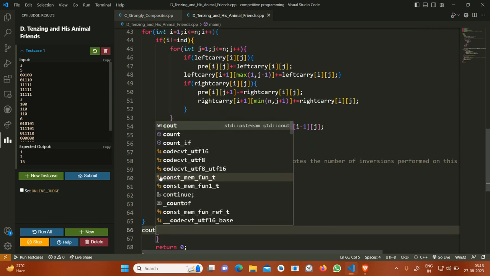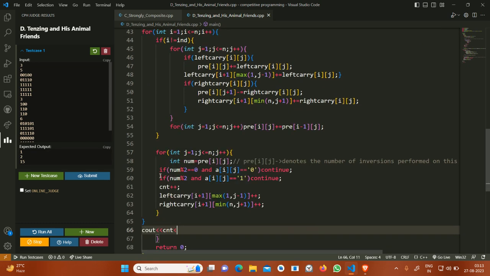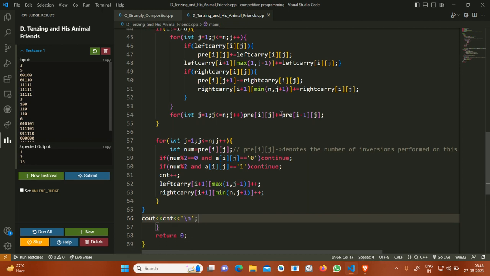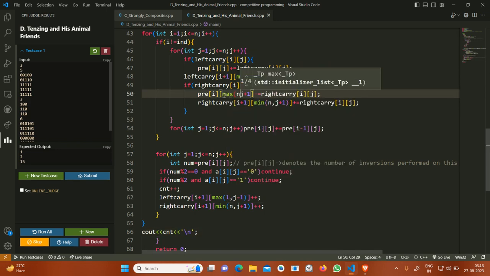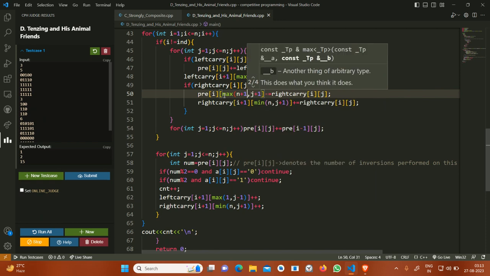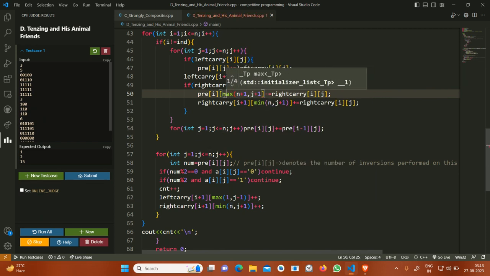Let's just run it. See out count. Okay, prefix of max of n plus 1, minimum of, should be minimum of n plus 1.